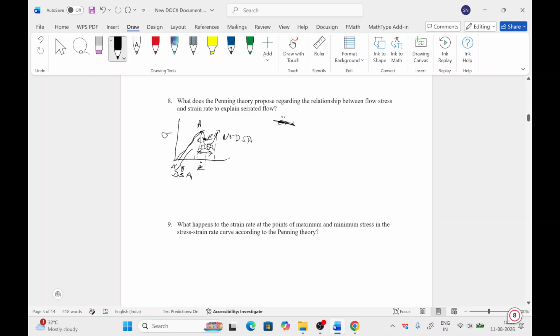The flow stress of the material can be written in terms of strain rate and strain.